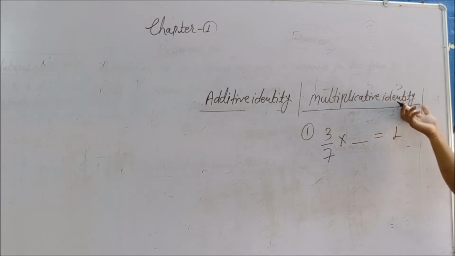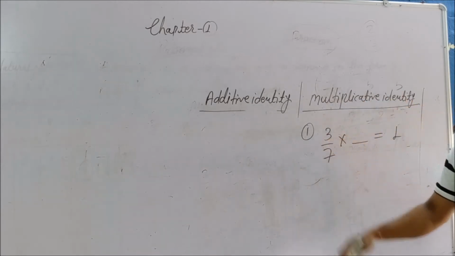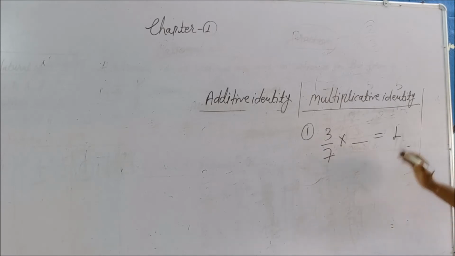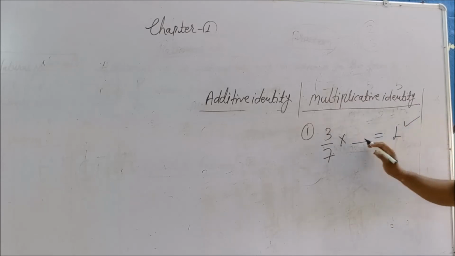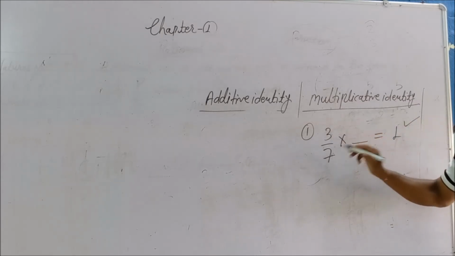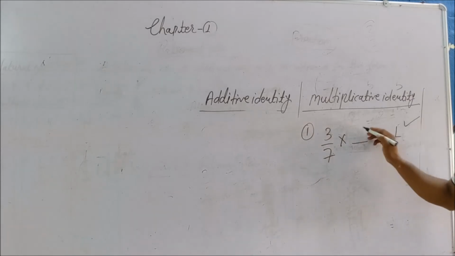Multiplicative identity says, what number do we have to multiply with 3 upon 7 so that my answer will become 1? So it is a very clear concept that for getting the answer 1, I have to multiply the reciprocal of 3 upon 7.